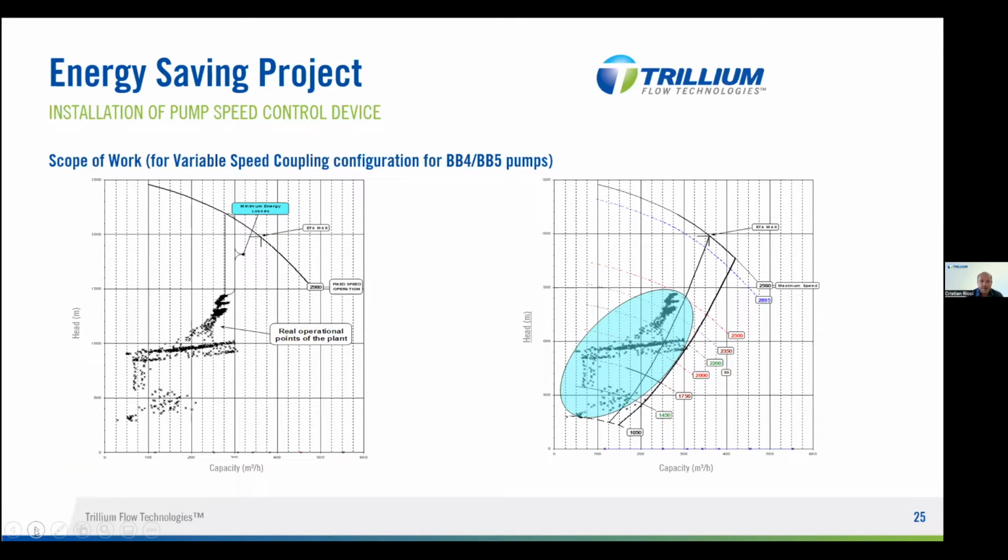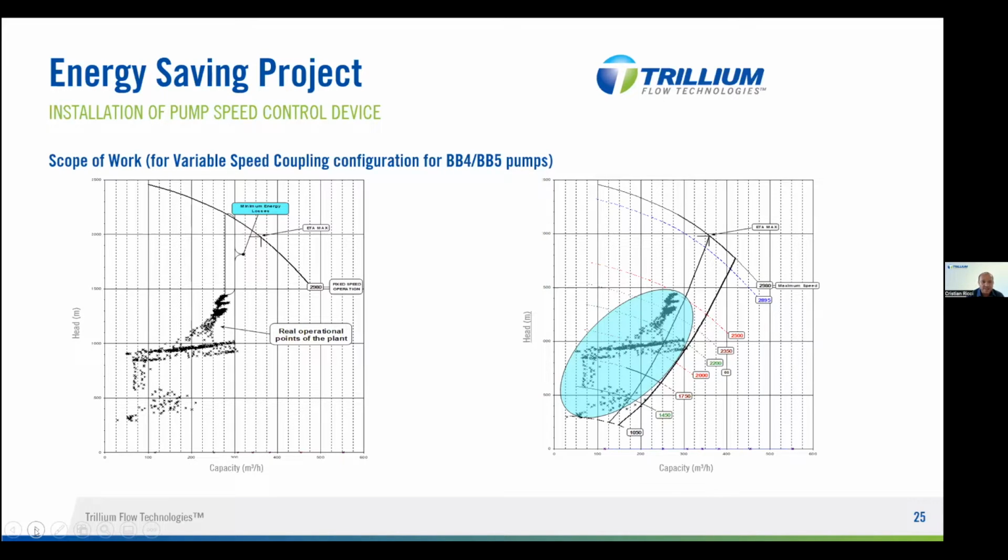In view of operation, what we have described in the first slide is here more clear. In fact, on the left side, you have the original configuration, and on the right side, the updated configuration. As you can see on the left side, the pump is working at fixed speed, so one curve and one fixed speed.